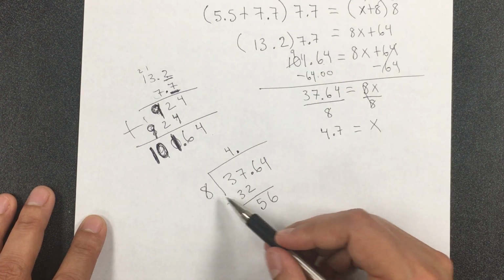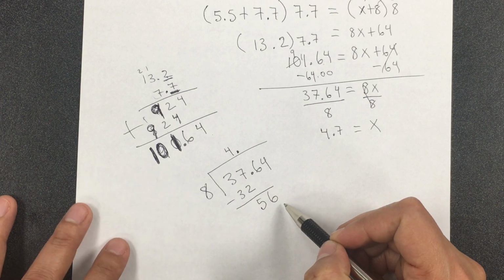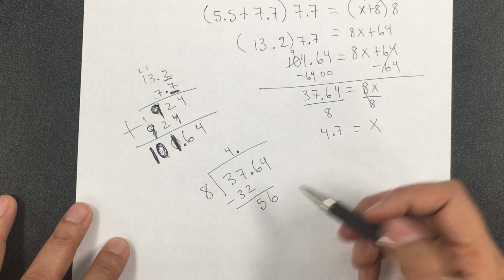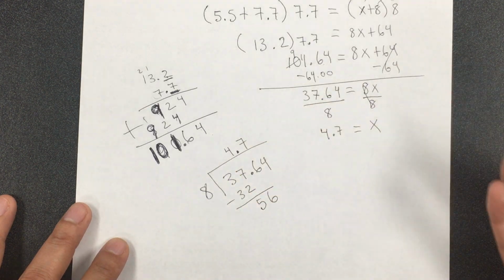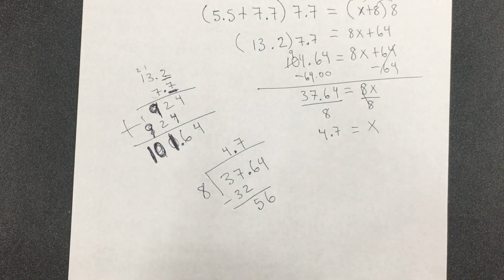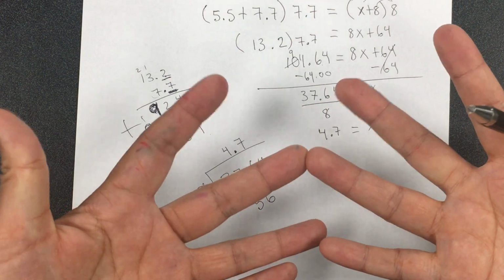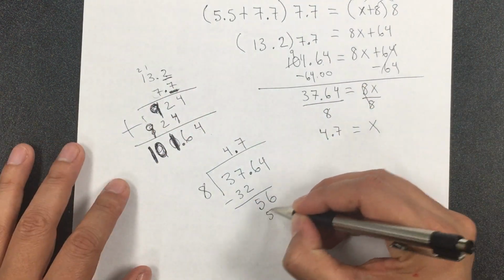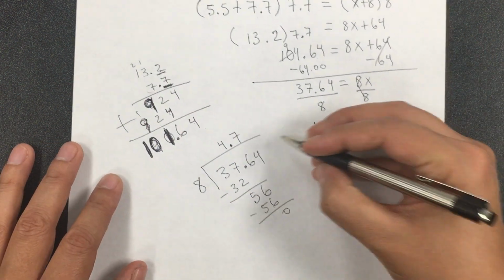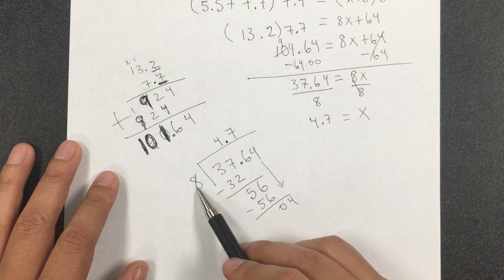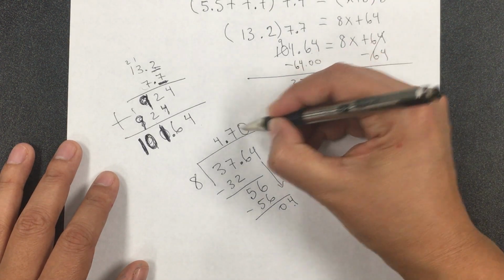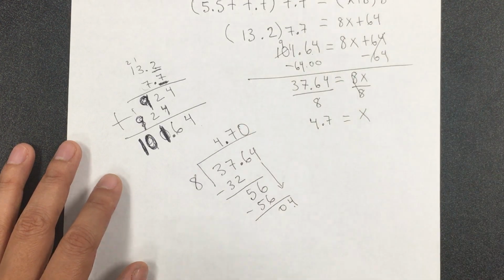How many times does the 8 go into 56? It goes 7. 7 times 8 is 56. 0. You bring down the 4. How many times does the 8 go into 4? 0, and that's enough for you to round to the tenth.